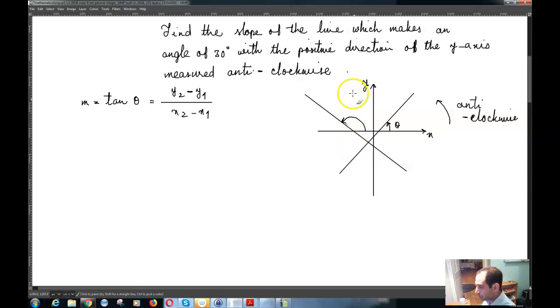That is how we define theta, and based on that we found this formula for the slope of a line.